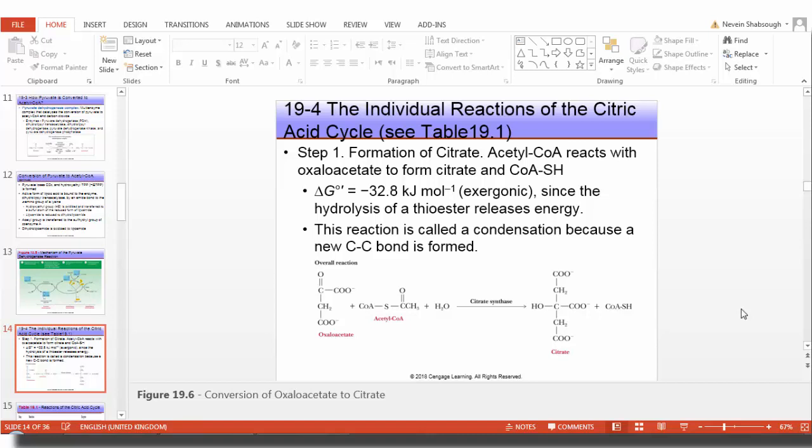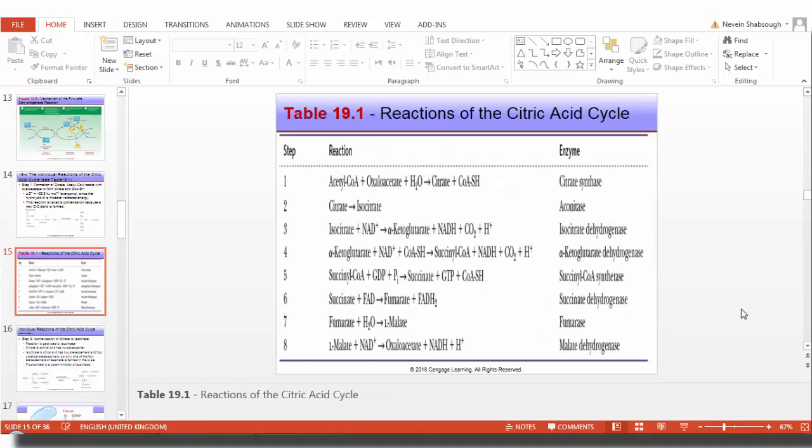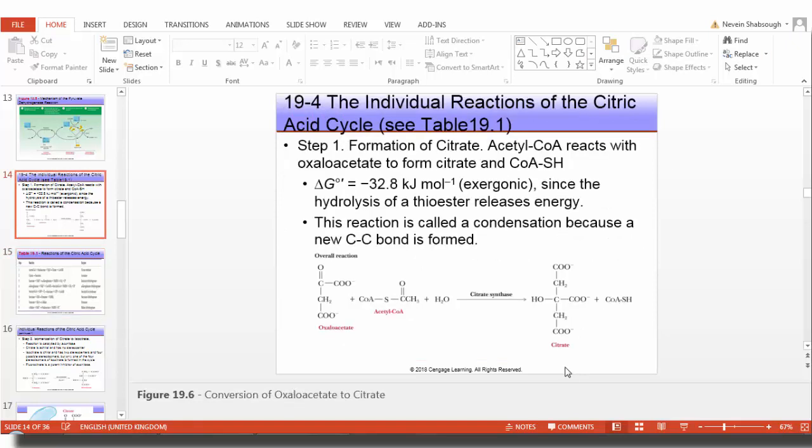Now let's go and describe the individual reactions of the citric acid cycle, beginning with this table. This table shows us the 8 steps, or 8 reactions, with 8 different enzymes. Going back to step 1, formation of citrate. Acetyl-CoA reacts with oxaloacetate to form citrate and coenzyme A. As you can see here, the enzyme is citrate synthase.